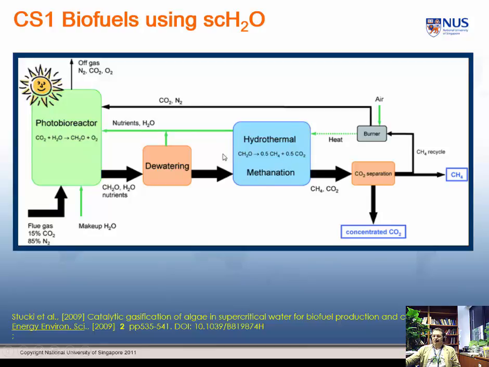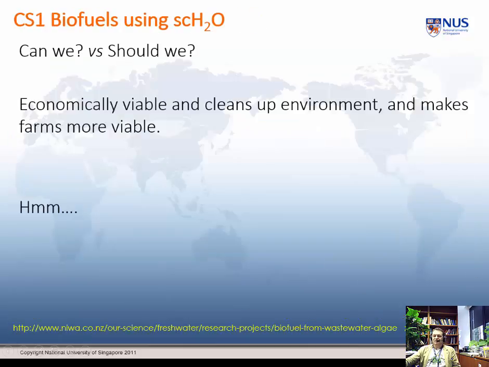You make those organic compounds, you produce methane, which you can then burn. You burn fine and produce concentrated carbon dioxide there. The methane gets recycled through a burner, which gives you heat, and the CO2 and the nitrogen go back through the bioreactor. Likewise here, your nutrients in your water from your dewatering stage go back into your reactor. So it's all nice closed loops.